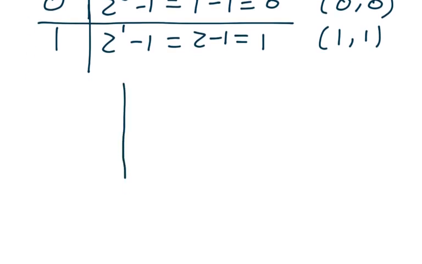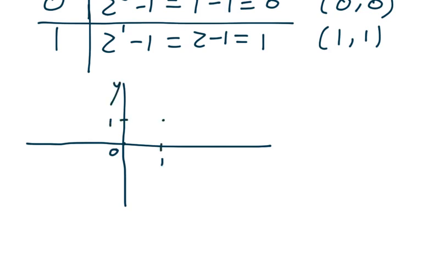So if we were to graph this, again, we're going to shift the graph of 2 to the x down 1 unit. So at 0, we have 0, and at 1, we have 1, 1. At negative 1, we have negative a half, which is about here. So the graph is going to do something like this.